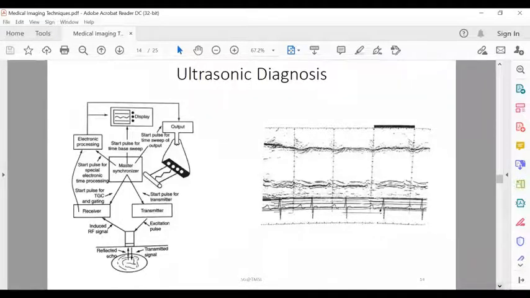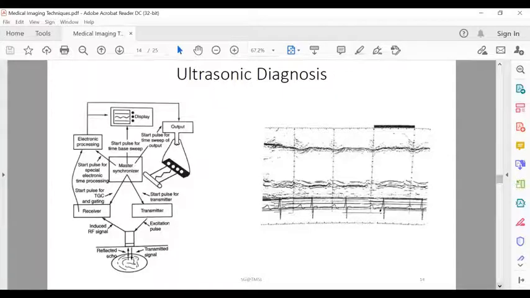If the ultrasonic wave strikes an acoustic interface, such as the boundary of an organ, some energy is reflected, and the transducer picks up that reflected energy, which is amplified, processed, and displayed on the screen, and it is recorded. So the transducers are available to suit various frequencies up to say 5 megahertz, and in various sizes to suit that particular application.